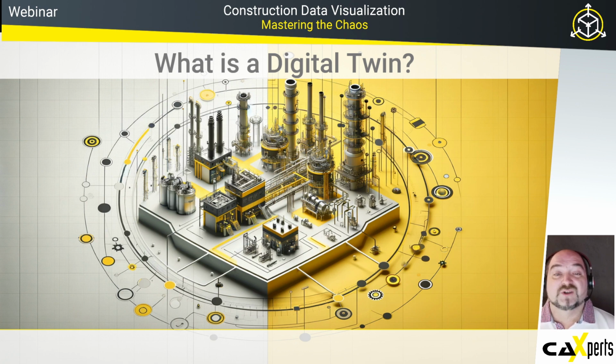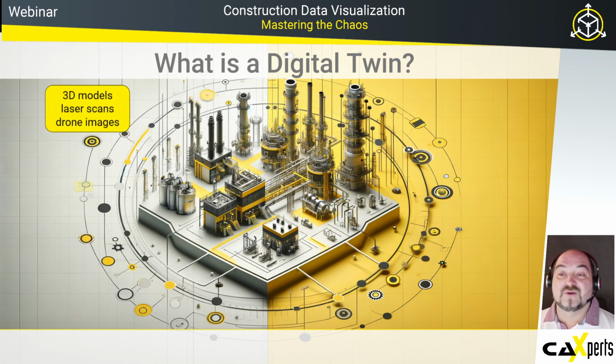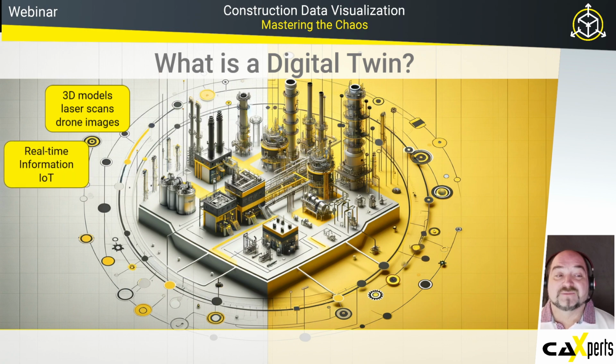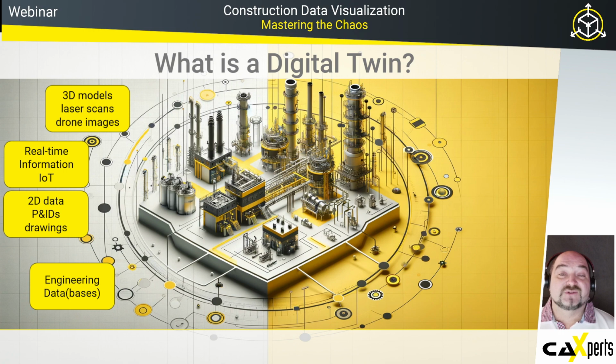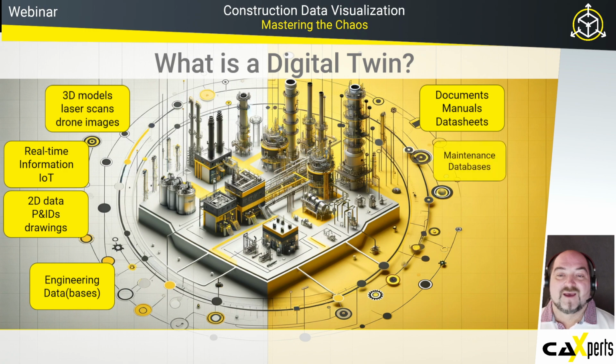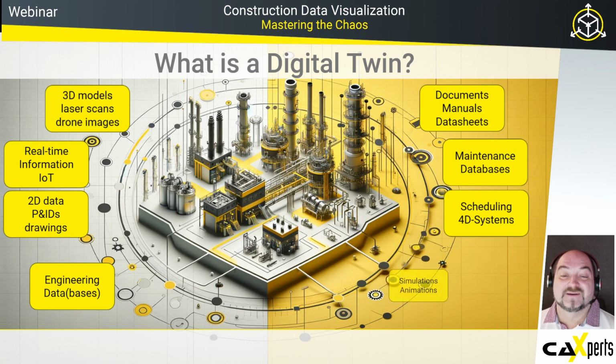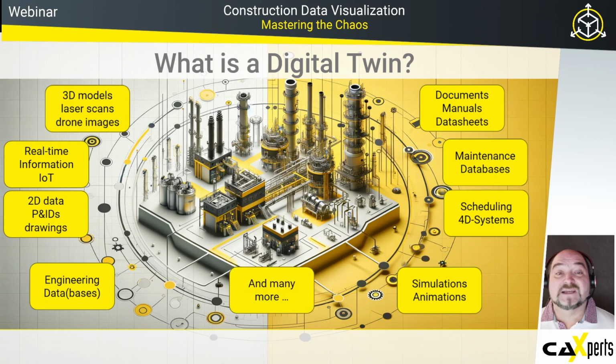So what can a digital twin contain, but does not have to have? Well, 3D models, laser scans, drone images, real-time information, Internet of Things, IoT, 2D data, P&IDs and drawings, engineering databases, documents, manuals, data sheets, maintenance databases, scheduling in 4D systems, simulations and animations, and basically many more.